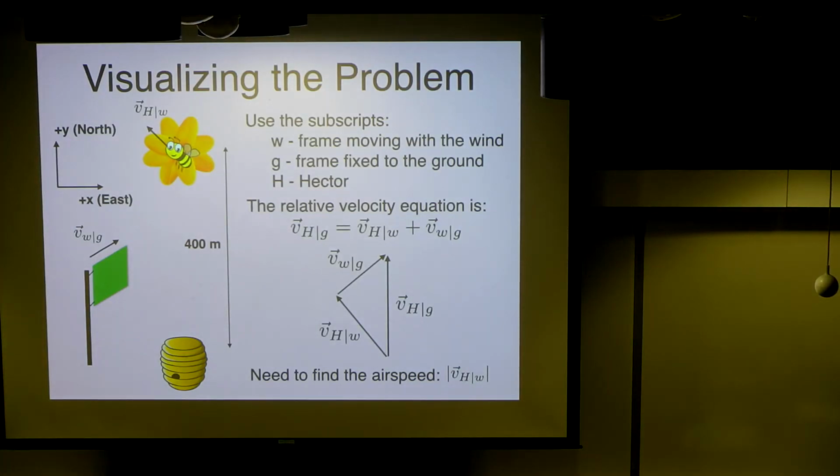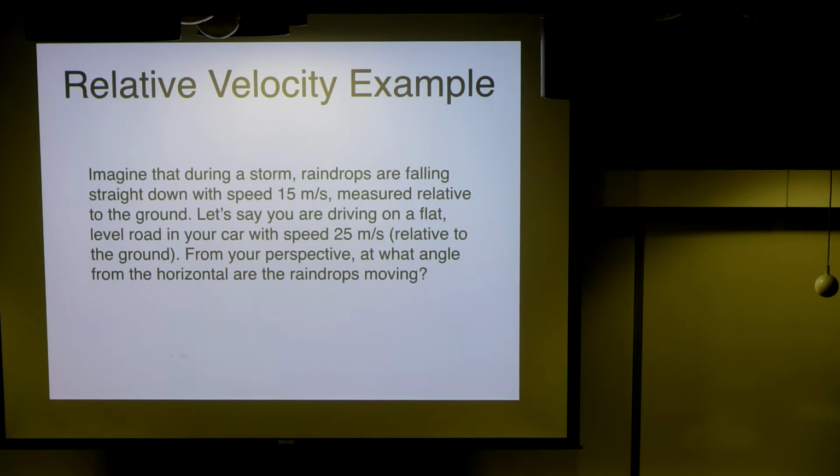Okay, so let's do another one. This is probably something you've experienced if you just kind of notice what's going on around you when you're driving in a rainstorm or a snowstorm, for that matter. But imagine that during a rainstorm, the raindrops are falling straight down with a speed of 15 meters per second. And of course, when we say that, we mean relative to the ground.